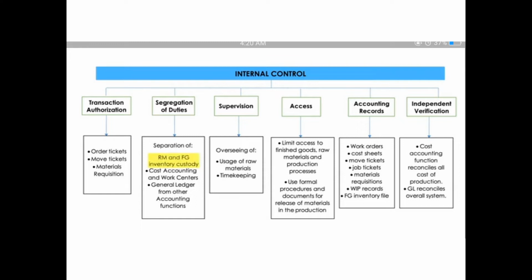Then under supervision, we have timekeeping, the last part. Timekeeping of the employees focuses on the time cards and job tickets, which must also be checked for accuracy. Timekeeping activities are also reviewed.